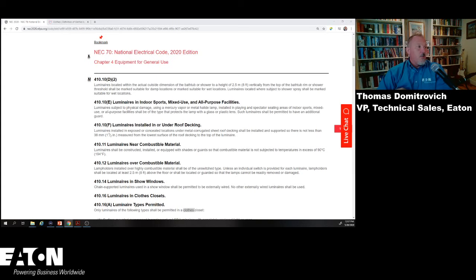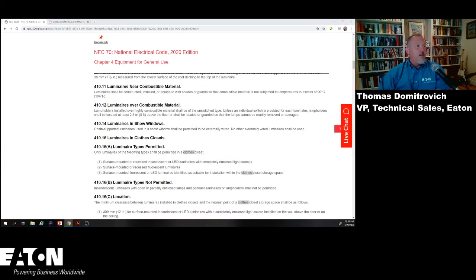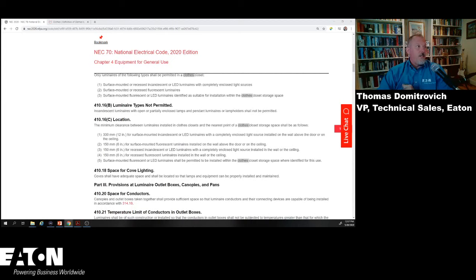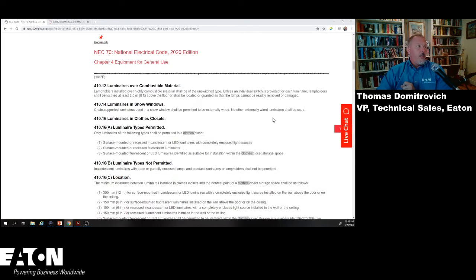But there are special requirements. 410.16 tells us what types are permitted in closed closets, and a lot of those details are not included in 410.11 and 410.12. For example, 410.11 and 410.12 do not tell us that we can't use incandescent luminaires with open or partially enclosed lamps, and pendant luminaires or lamp holders are not permitted.